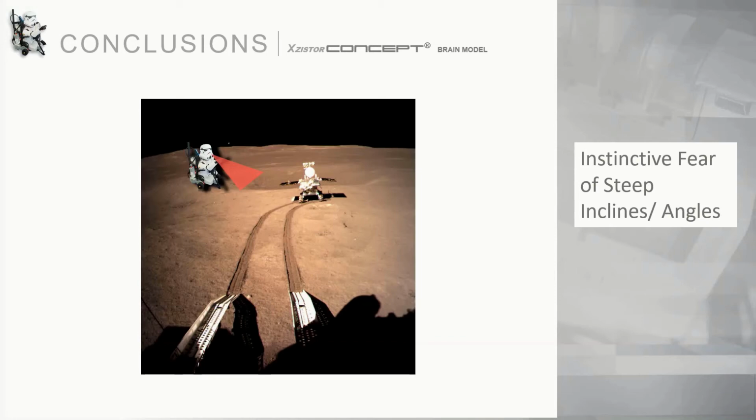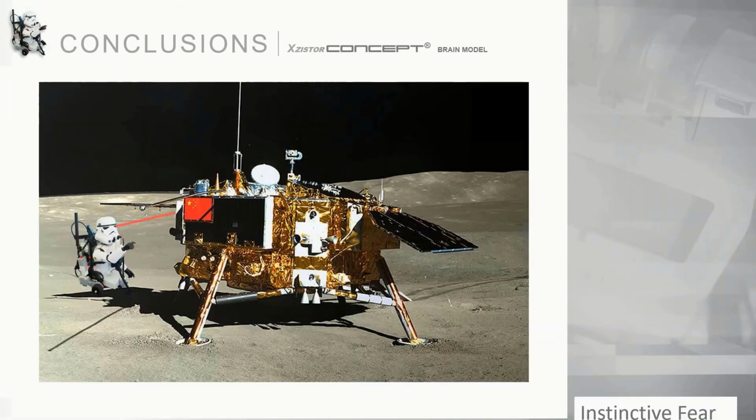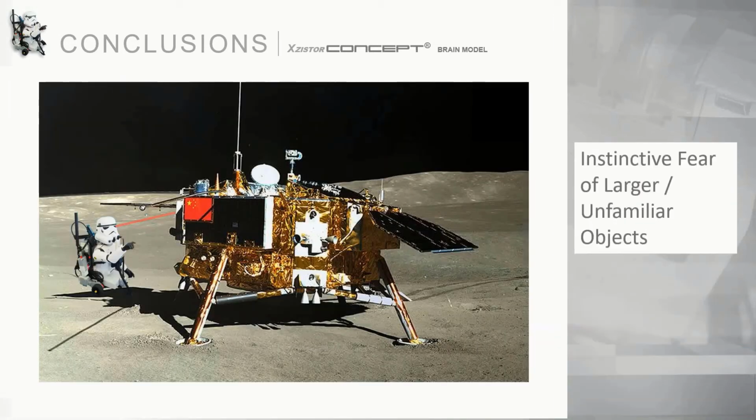And in this case, we can give the robot an instinctive fear of steep angles or inclines, and just say when you move around on the planet and you get to a ditch or a trench or something, first experience fear, you don't want to injure yourself. Think about it a bit and get clever about what you're going to do about it.